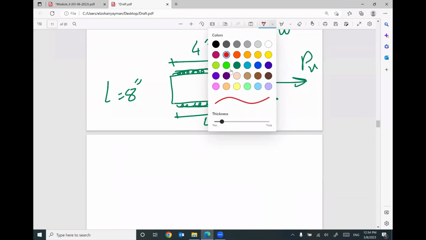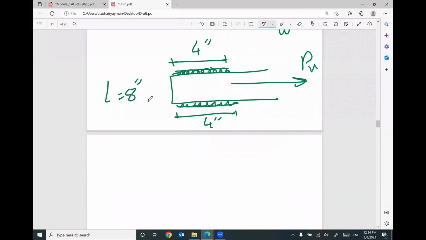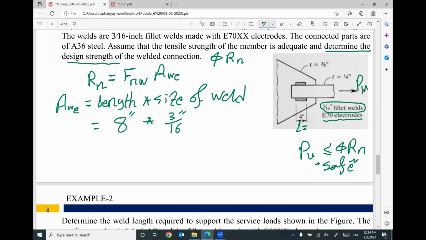So I did not mean by the length of your welding the geometrical length. No. I mean how much length you applied at this connection. I put welding here with length 4. I put welding here with length 4. So the total length of welding equals 8. Be careful about this concept.